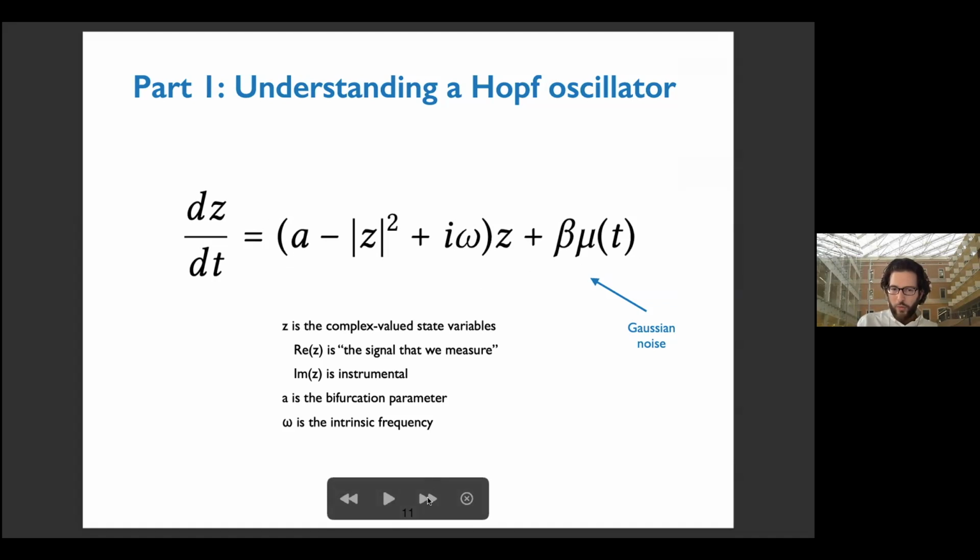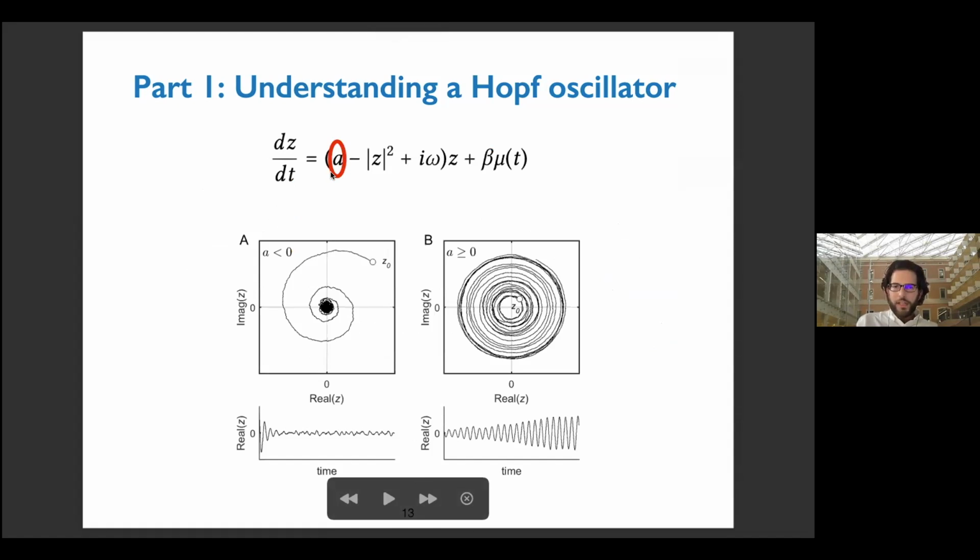So we are now interested in studying what this free parameter that we can control does on the local dynamics. This bifurcation parameter controls a specific type of bifurcation, which is called Hopf bifurcation. If we have an A which is positive, we have a stable limit cycle, and then we will end up having oscillations.